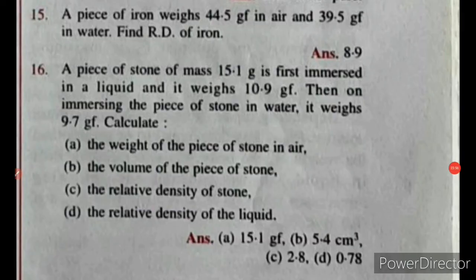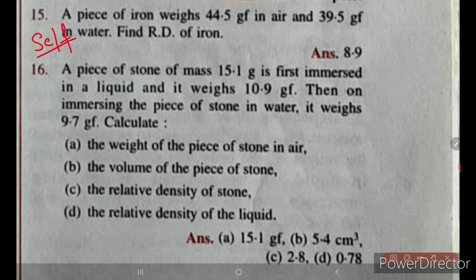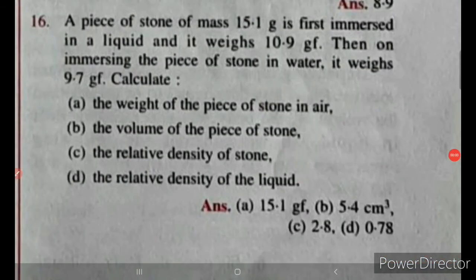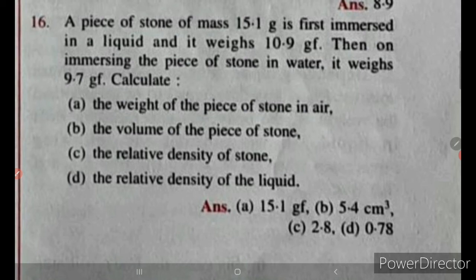So coming to the next question, which is question number 15, please do it by yourself. Now the last question from this section, number 16: a piece of stone of mass 15.1 gram is first immersed in a liquid and it weighs 10.9 gram force.